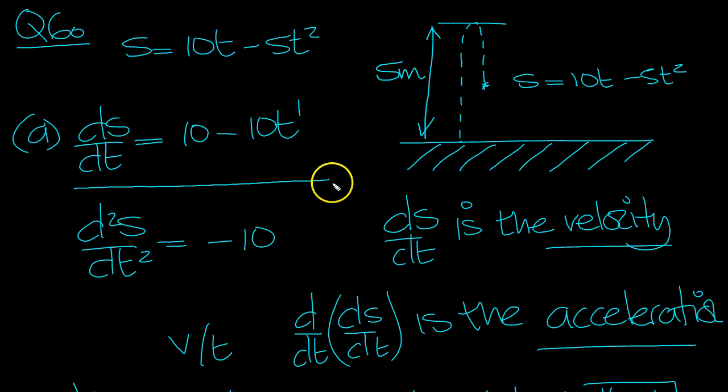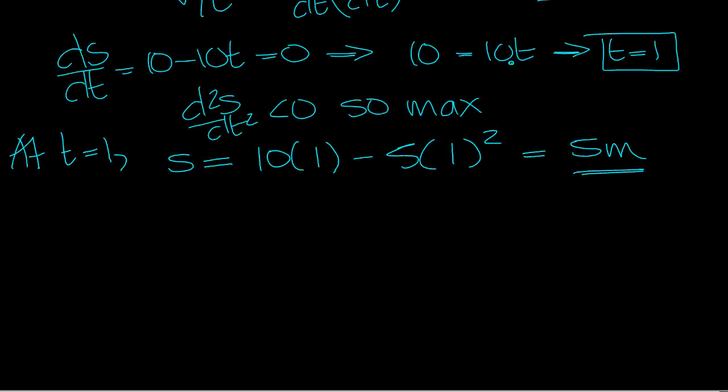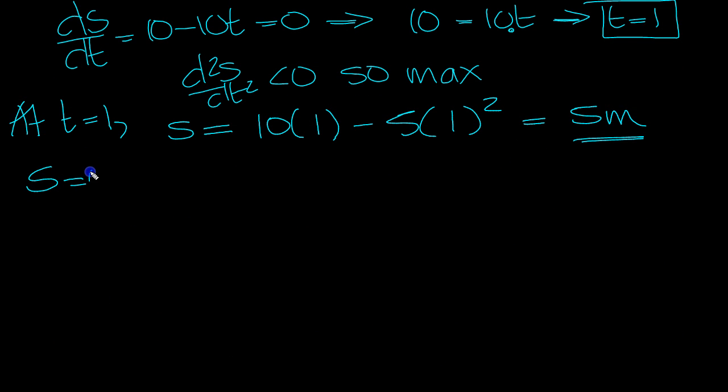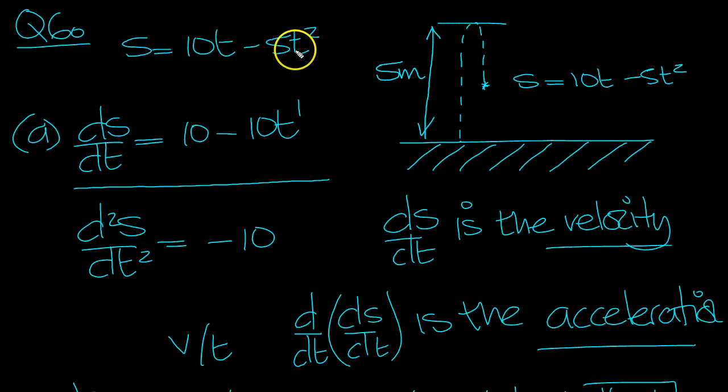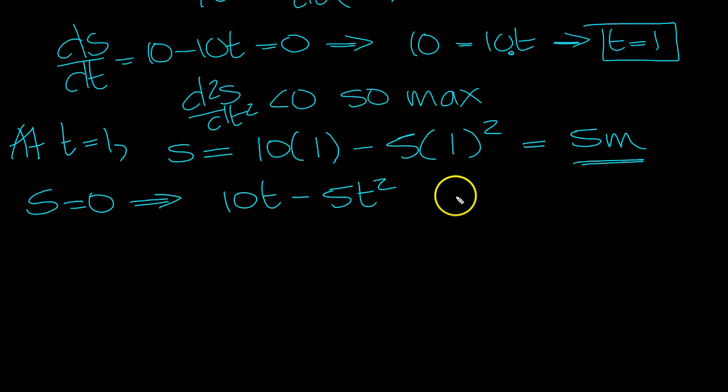Okay, at what time does the stone hit the ground again? Okay, well when does s equal 0? Let's have a look at that then. It was 10t minus 5t squared, wasn't it? Yeah? So when does the distance equal 0? So here we've got a 5 as common and a t as common, haven't we?